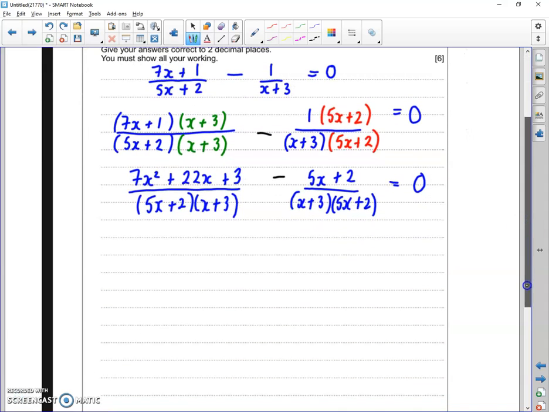Working our way down now then. If I combine this to one fraction by taking away the 2 numerators, we've got 5x plus 2, x plus 3 on the bottom. 7x squared, take away nothing else with x squared in, it just leaves us with 7x squared. Then we've got 22x, take away 5x, so that's 17x.